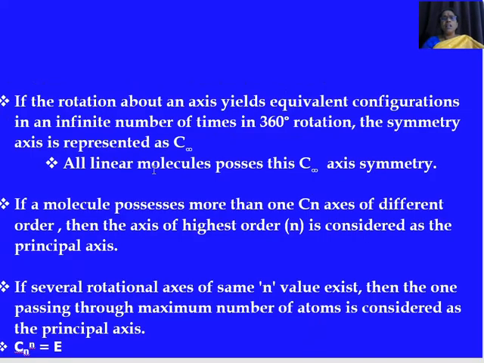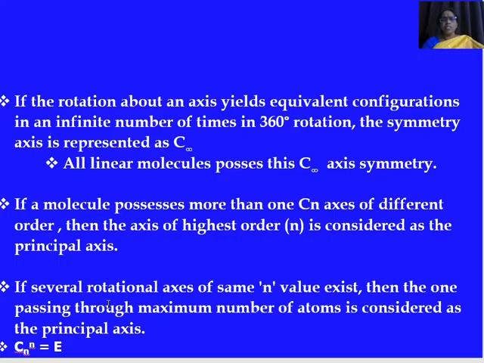If the rotation about an axis yields equivalent configurations an infinite number of times in a 360 degree rotation, then the symmetry axis is represented as C infinity. All linear molecules possess this C infinity axis of symmetry. If a molecule possesses more than one Cn axis of different order, then the axis of highest order is considered to be the principal axis.